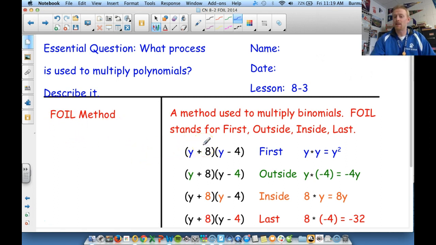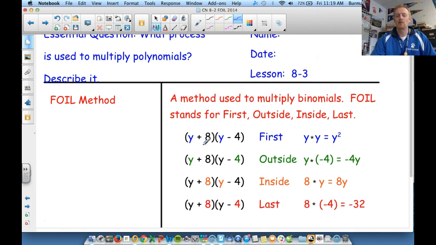And the FOIL method is actually an acronym telling you, like a recipe, how to multiply two binomials. So again, binomials are two-termed polynomials. So in the FOIL process, F stands for you multiply the firsts, so that's the y times the y. The O stands for outsides, which would be the y and the -4.